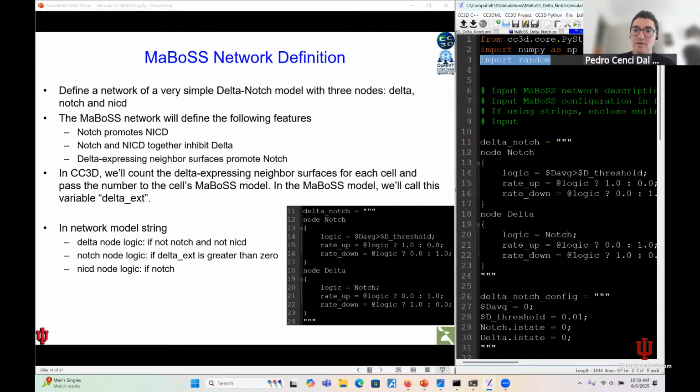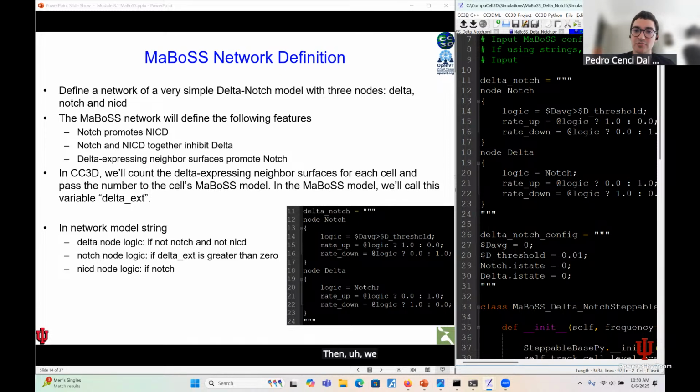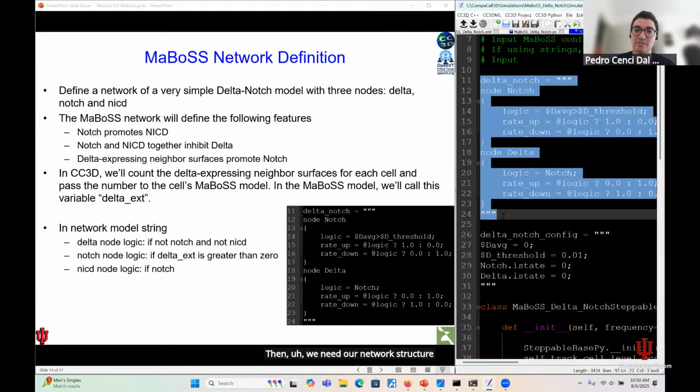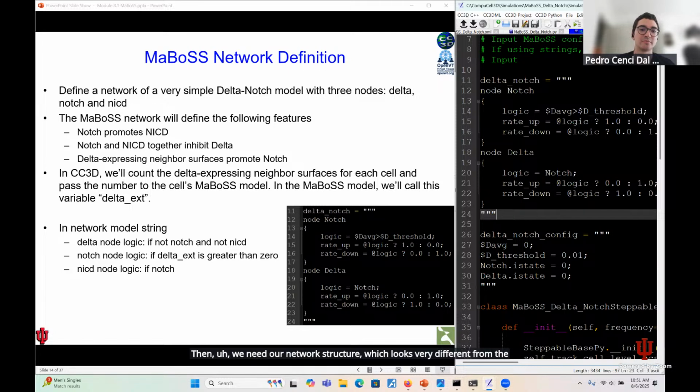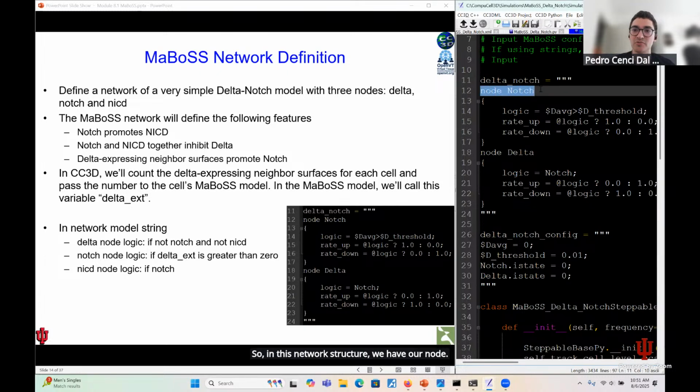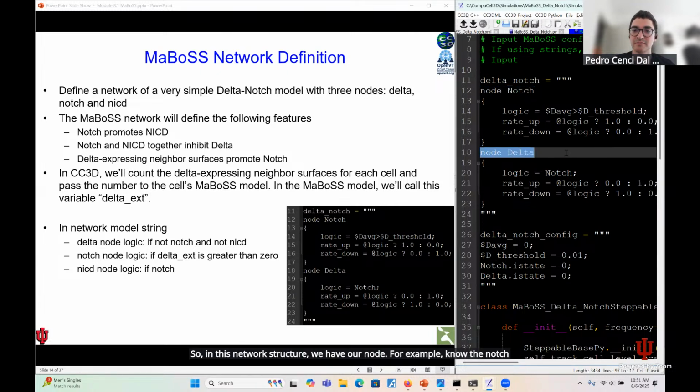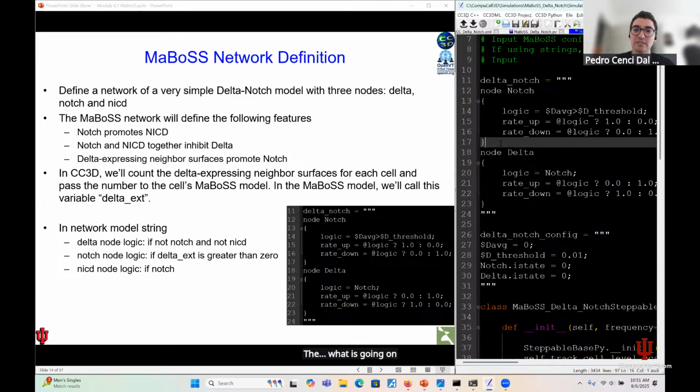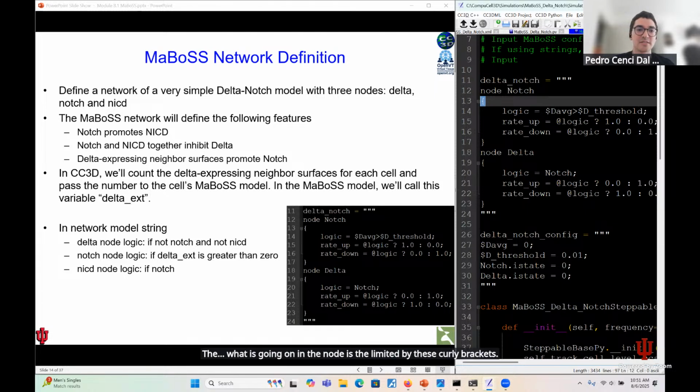Then we need our network structure, which looks very different from the reactions we have in antimony. So in this network structure, we have our node, for example, node notch and node delta. What is going on in the node is delimited by these curly brackets. And this is very sensitive.